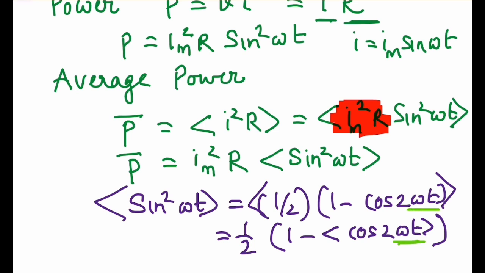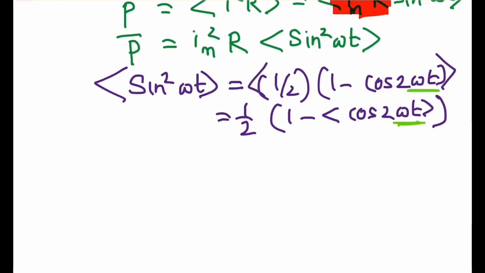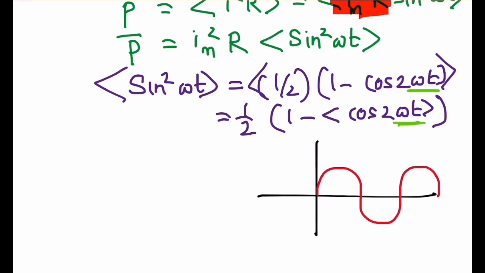When it is a time dependent quantity, it is changing with time, especially when we come to sine functions and cos functions. They change with time. You know the waveforms of the sine wave and the cos wave are like this: half positive cycle, half negative cycle. If you take the average for a full cycle, from here to here, the average value becomes 0.